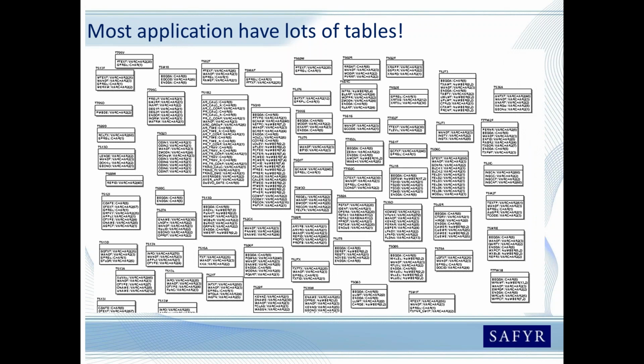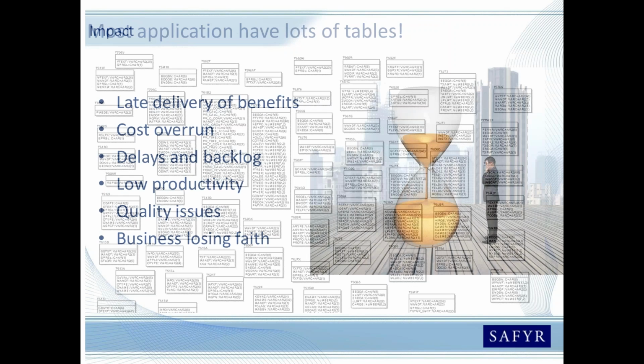And of course, most applications have lots of tables, so all that you're doing is compounding the problem. The challenge as well is that a modeling tool would typically struggle with models of over hundreds or thousands of tables, and it would be very difficult to navigate and very difficult to understand.